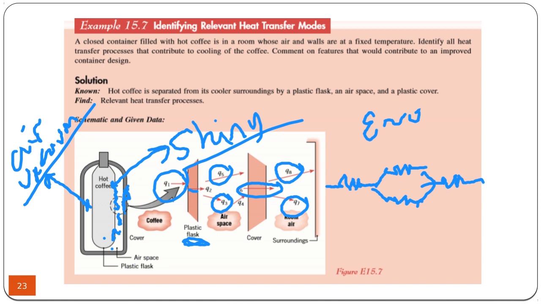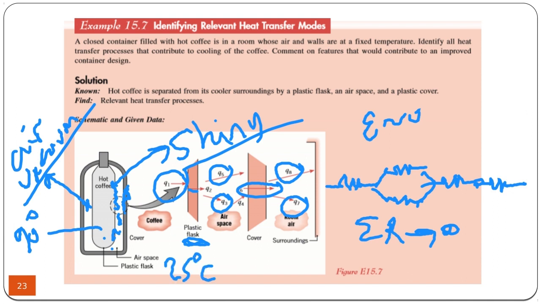Then outside, you may have a resistance due to the convection. So if you consider the overall resistance of this, it will be not infinite, but will be very high. So if you consider the whole network of the resistances, it will be very high, meaning that even if the temperature inside is 90 Celsius, the coffee temperature, and outside is 25 Celsius, delta T over R will be almost zero, which is the heat transfer from the coffee to the surrounding.